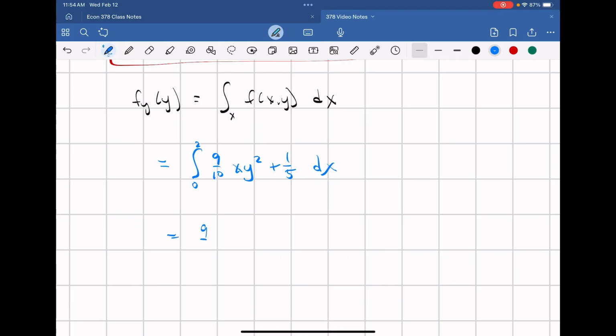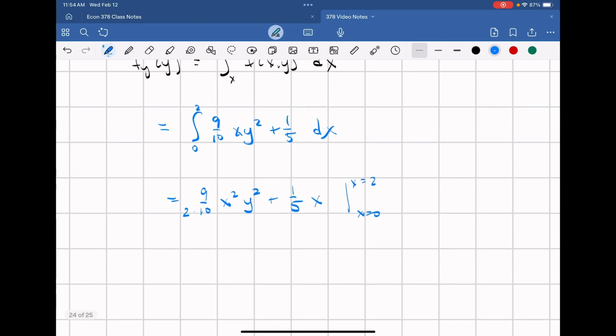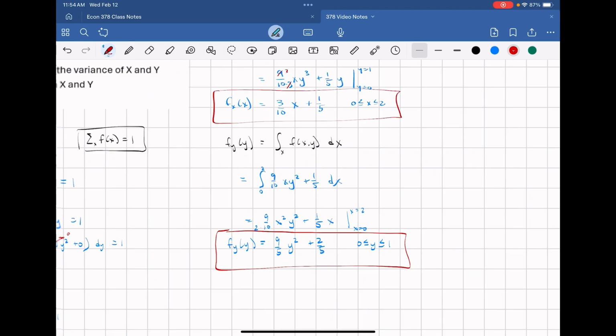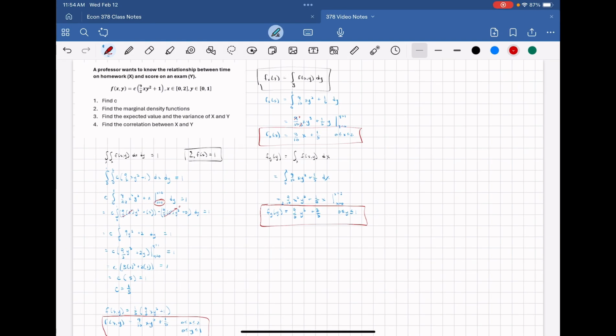So this will be 9/10 x squared y squared, bring the 2 down below from the x squared, plus 1/5 x, evaluated when x is equal to 2 and x is equal to 0. And so that's what gives us our f sub y of y is equal to 9/5 y squared plus 2/5, where y is between 0 and 1. So there is our marginal density function for y.